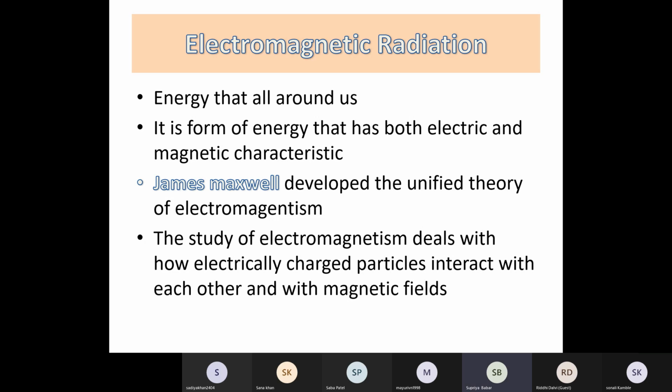But after James Maxwell developed the unified theory of electromagnetism, it was shown that the study of electromagnetism deals with how electrically charged particles interact with each other and with magnetic fields.